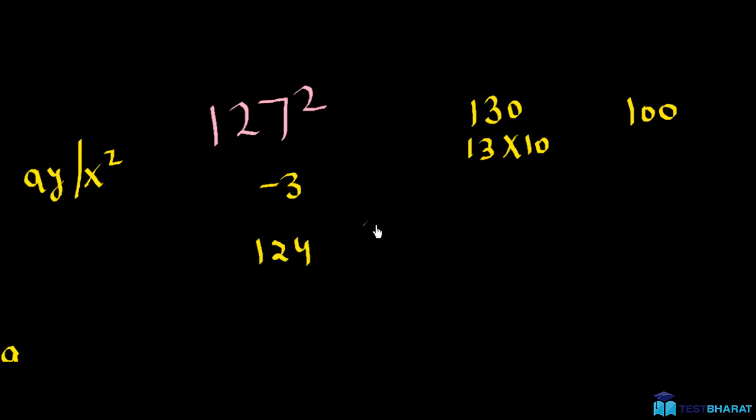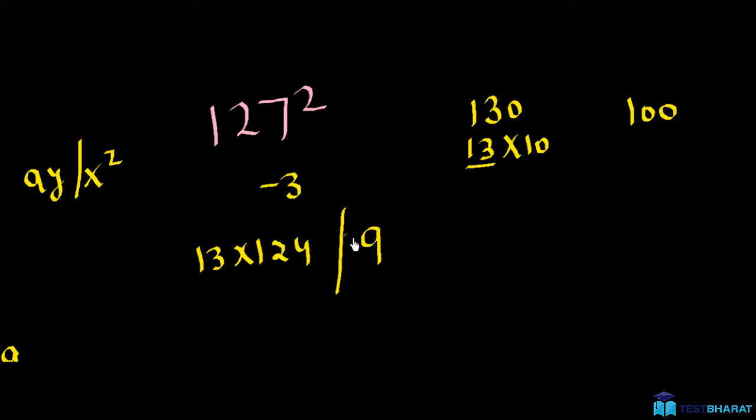And what is my a here? A is the multiple of 10, so my y is 124 and my a is 13. So it is 13 into 124 slash x square. What is my x? X is minus 3. Square of minus 3 is 9.